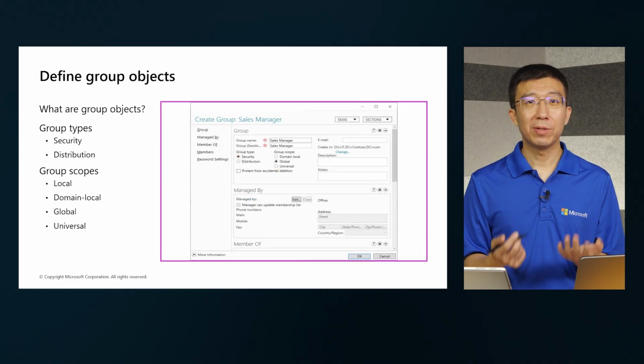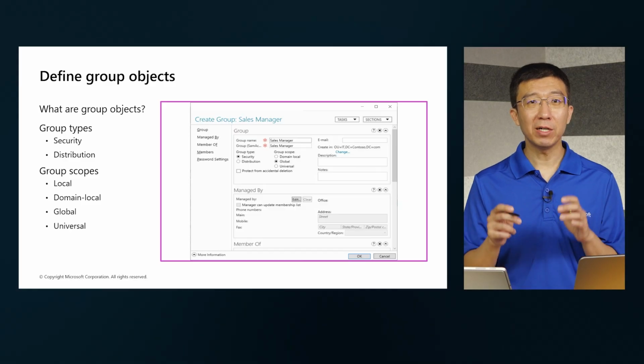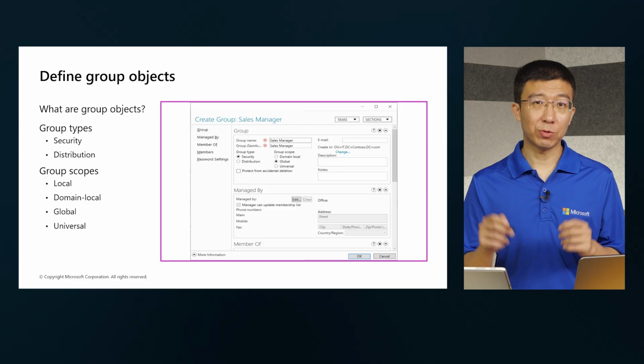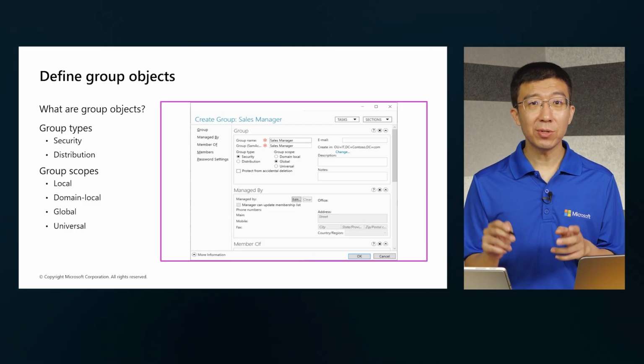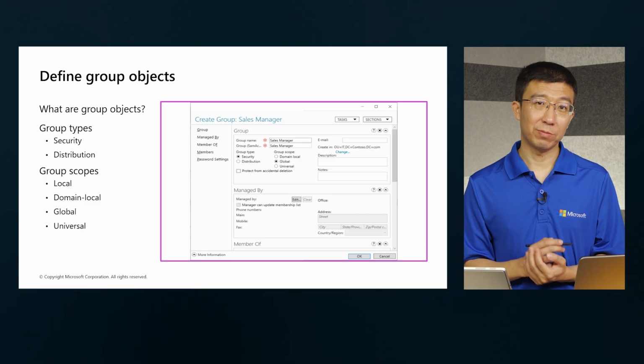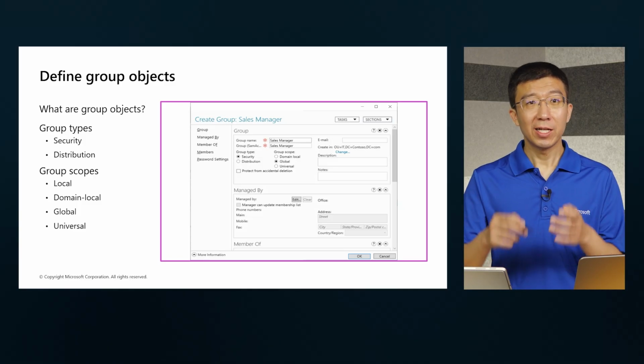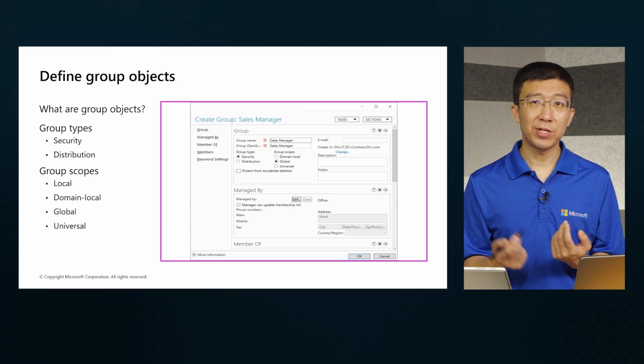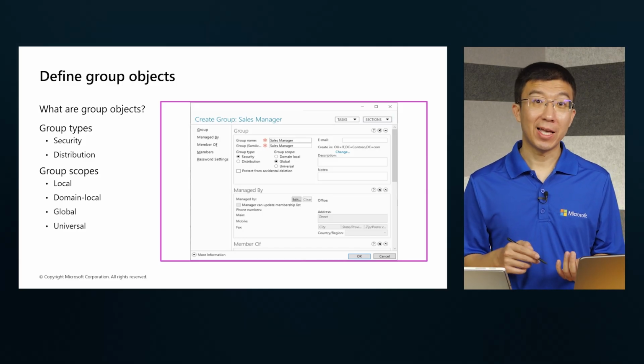Groups help you manage permissions for multiple users at once. There are different types of groups, such as security and distribution groups. And there are different scopes, like global and universal. Understanding groups makes it easier to assign and manage access rights.